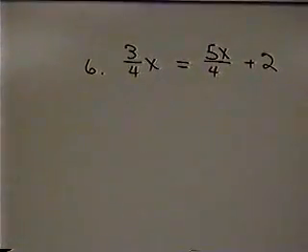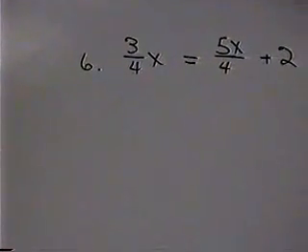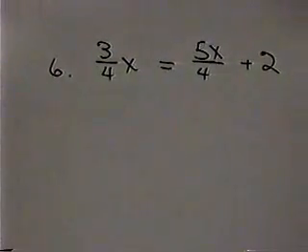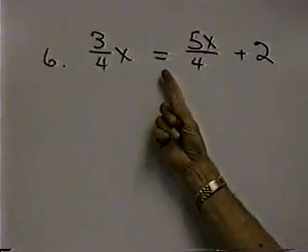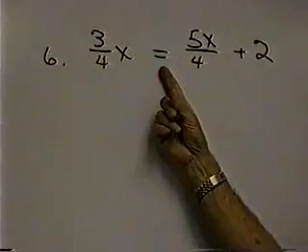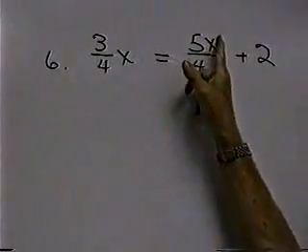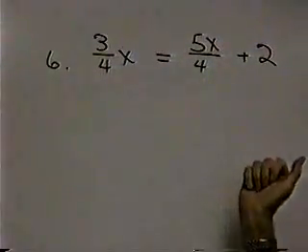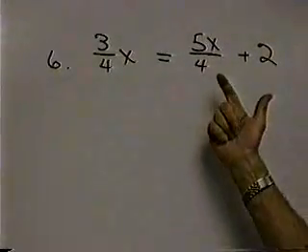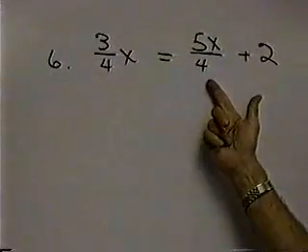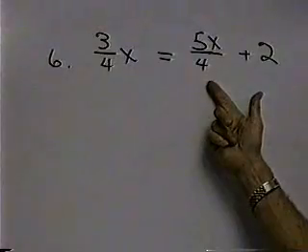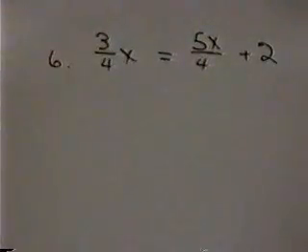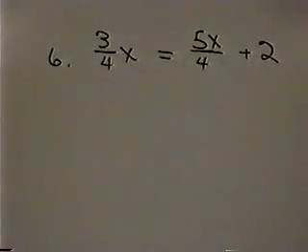Now, the next example, here's another rule. And that is this: if you have a linear equation, a linear equation is an equation in the first power, if you have a linear equation that has fractions, that has denominators, okay, then the first step is to multiply everything there by the common denominator.